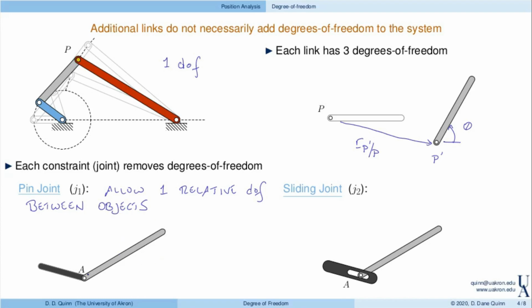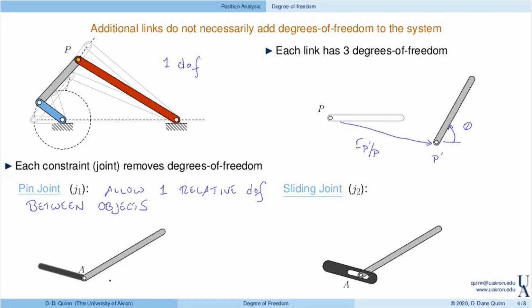The way to think about this is that we have these 2 links that are connected by a pin joint. Imagine if the dark gray link is fixed, or maybe we just know its location. And then we ask, how many relative degrees of freedom does the light gray link have with respect to the dark gray link? Well, in this case, it's 1.